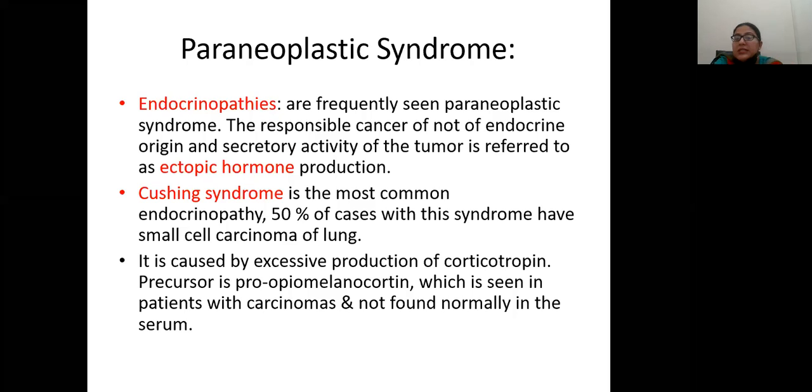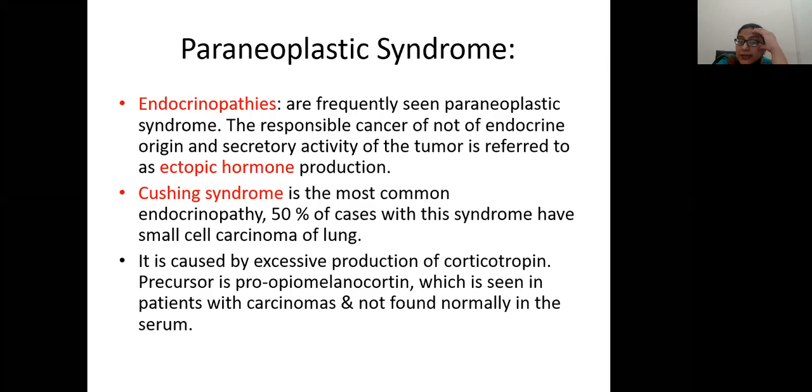As we know, Cushing syndrome is basically an increased ACTH level, increased cortisol level. But in certain tumors like small cell carcinoma of the lung, the patient may present with Cushing syndrome, and this is due to the production of an ACTH-like substance from the small cell carcinoma of the lung. So this is an example of a paraneoplastic syndrome.